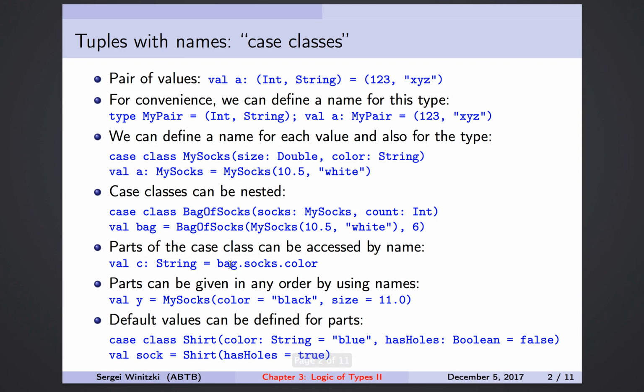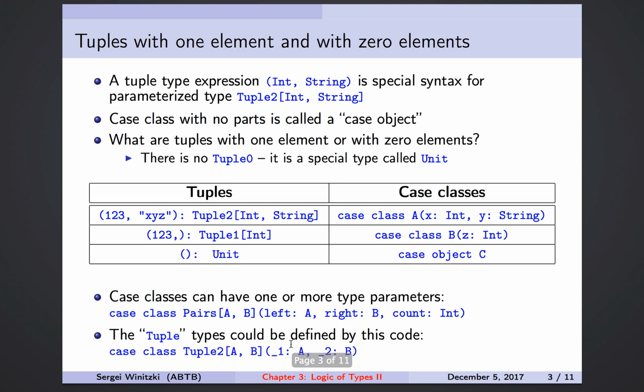So you say value dot name, and that gives you the part of the tuple. And so here you'll do the same. So this is the syntax we saw before, which will take parts of a tuple. So this could be considered as a case class defined like this.